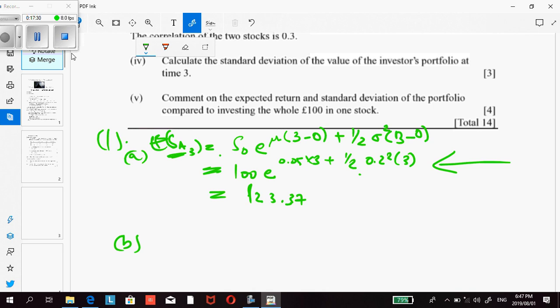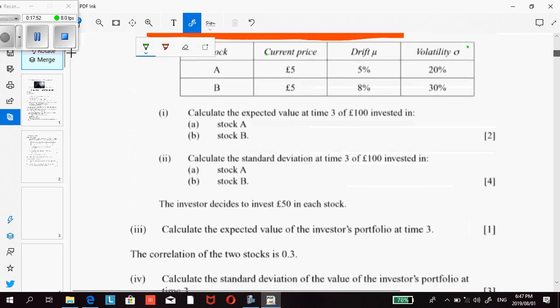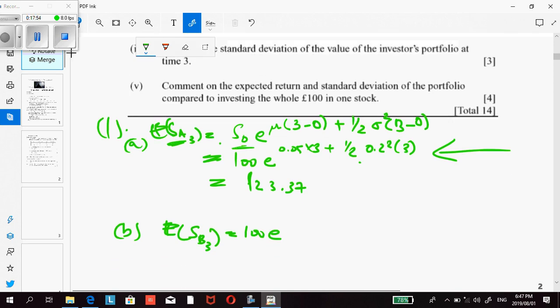For part B, we have to do the same thing, but for stock B. So the expected value of S_B at time 3 is equal to S0, I'm investing 100, e to the power of mu. Our mu for stock B, if you look carefully in your question, is 0.08 or 8%. So that is what I'm going to substitute, 0.08 multiplied by 3.